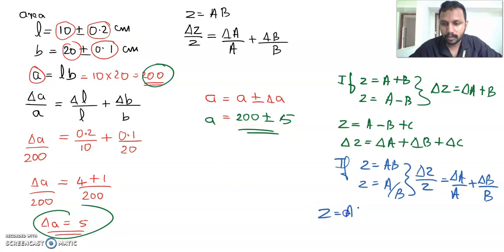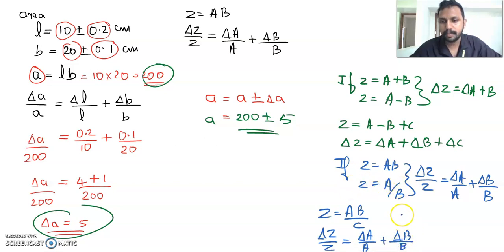As a general situation, if Z is equal to AB by C, can you say the answer for error? We could find out relative error, that is delta Z by Z. Delta Z by Z is equal to what? Delta A by A plus delta B by B, and since it is divided by C, we also have to add the relative error.